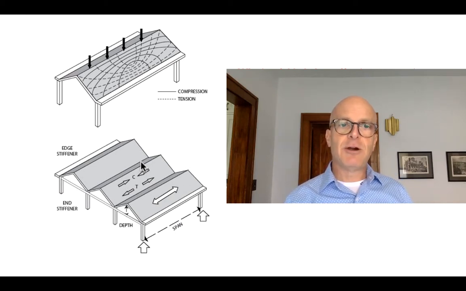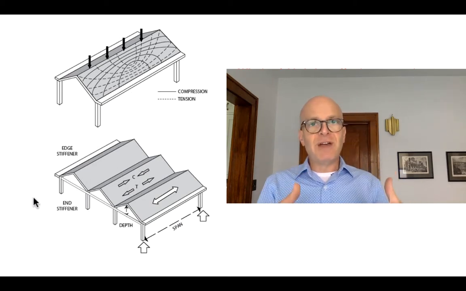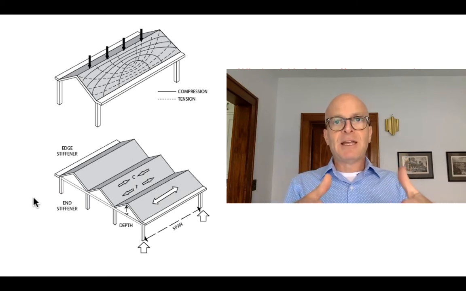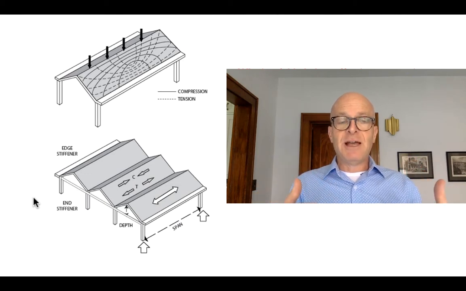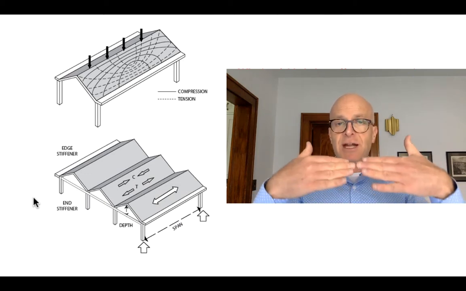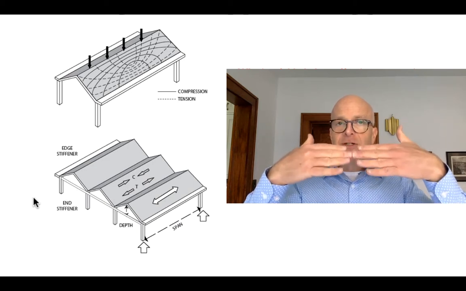You can see here in these examples, we have these edge stiffening beams, horizontal beams that are going parallel to the span. And what those are doing is they're preventing the flat plate from bowing out, from bending and therefore eventually from buckling. You could imagine that if that edge stiffener wasn't there, those last folded elements could start to flatten out.